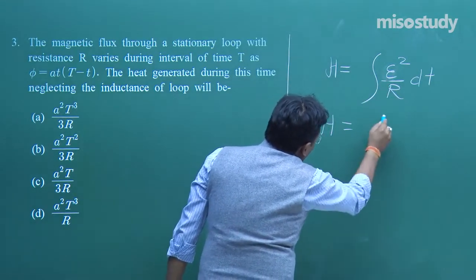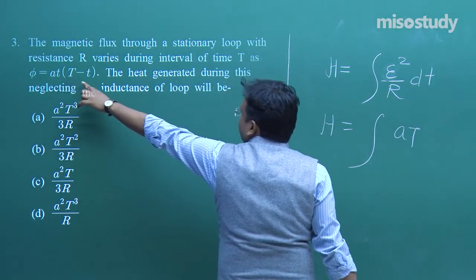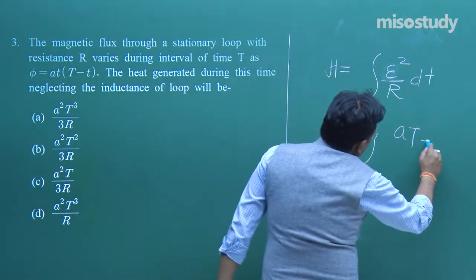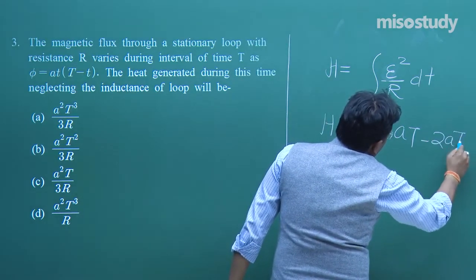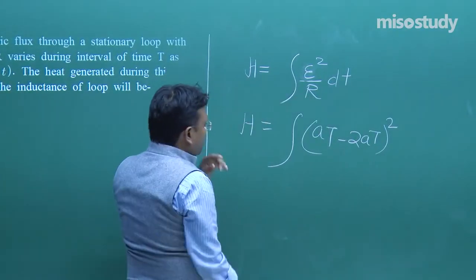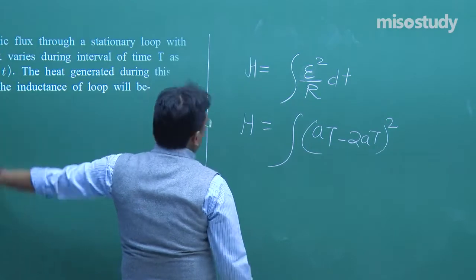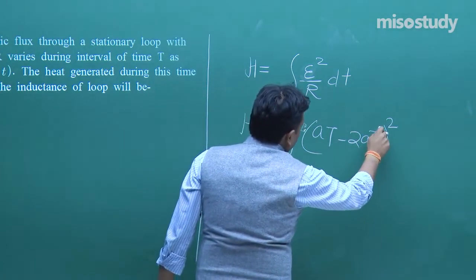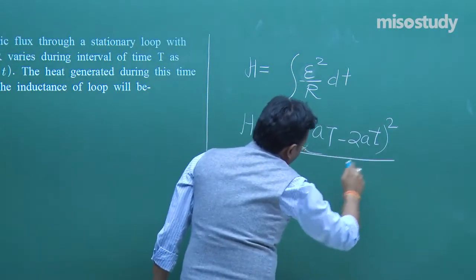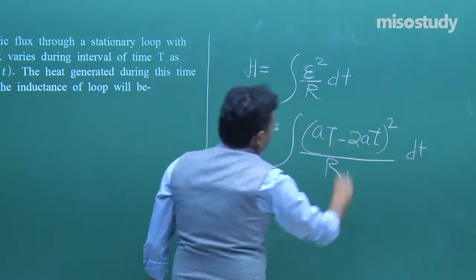So you will get H is equal to, I am not doing anything, simply this term I am putting, at minus 2at, whole square, this is small t, divided by this R resistance into dt.